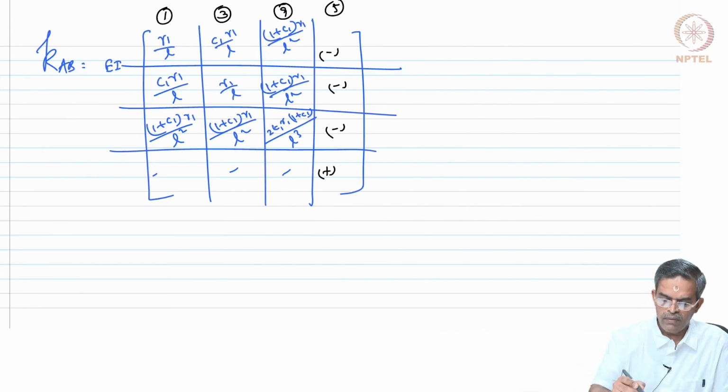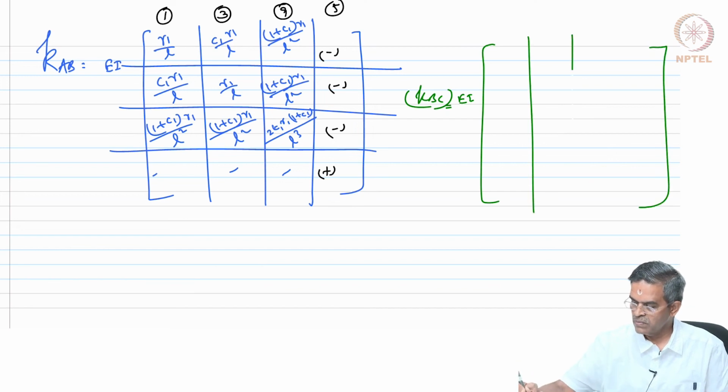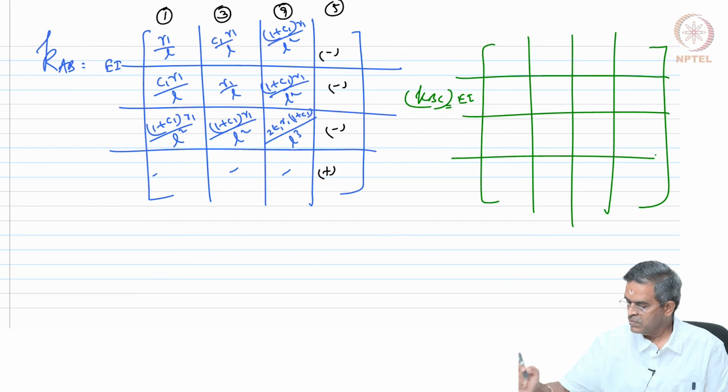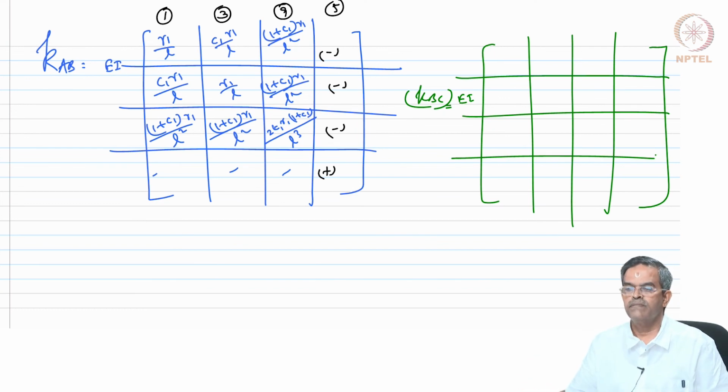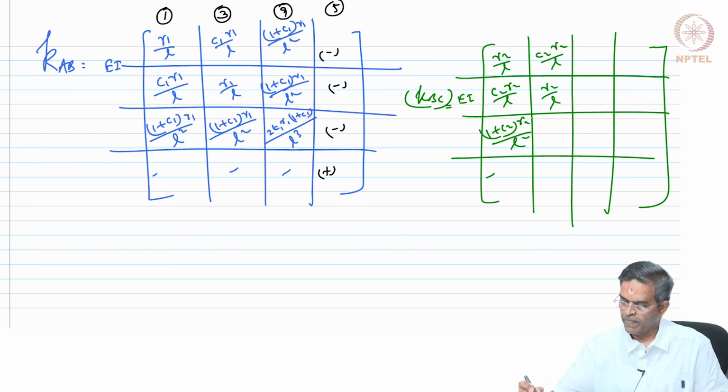We can also write quickly for the member KBC, which is going to be E times of R2 by L, C2 R2 by L, 1 plus C2 of R2 by L minus of this L square, okay, C2 R2 by L, R2 by L, 1 plus C2 of R2 by L square, negative of this.